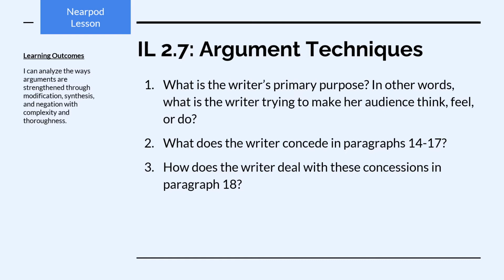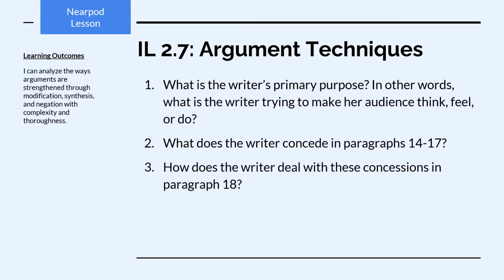In paragraph 15, she concedes that slacktivism often doesn't address systemic change, but rather just helps individuals. In paragraphs 16 and 17, she concedes that slacktivism often isn't real activism, but corporate activism, and does very little.